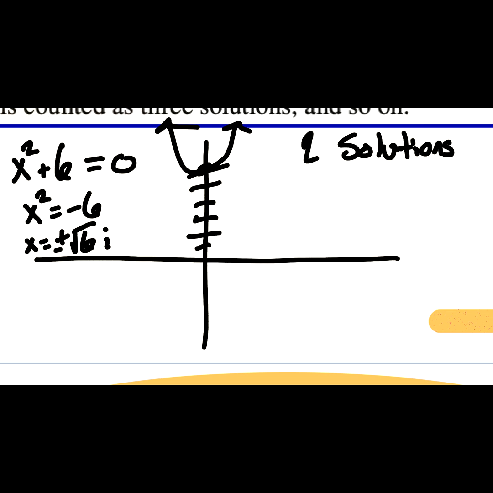So on this next worksheet, it's going to be asking how many positive, how many negative, and how many imaginary solutions are there. We need to remember that anytime we are looking at imaginary solutions, they always come in pairs. So you would either have 0, 2, 4, 6, 8, 10, 12, whatever, imaginary solutions. You can never have an odd number of imaginary solutions.